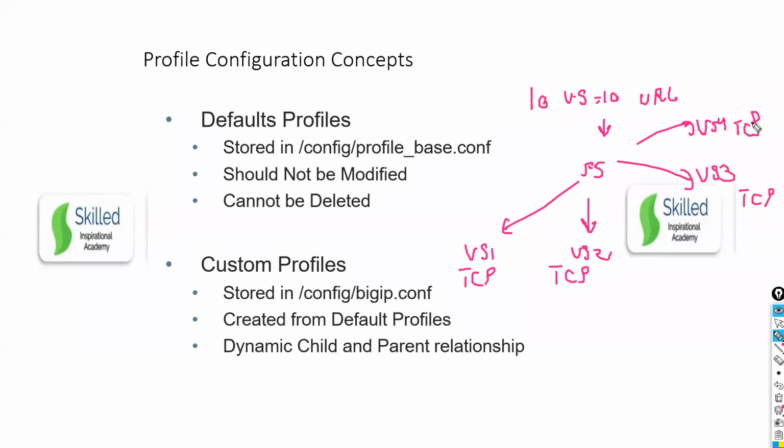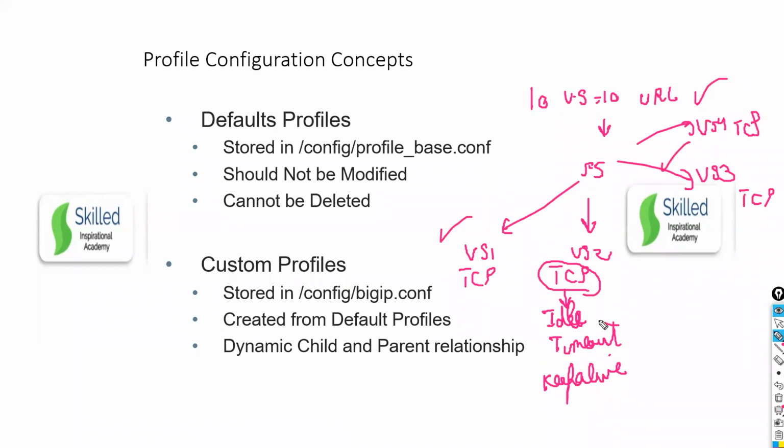Now, guys, someone comes to me and wants to change some TCP profile setting. Let's say they want to change the idle timeout of the TCP profile, or the keep alive timeout. So, guys, if I change this base TCP profile, will it change in this also, and this also, and this also?